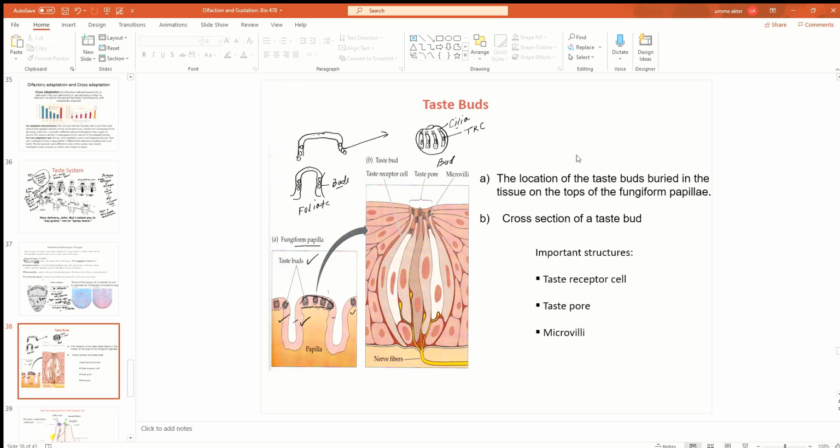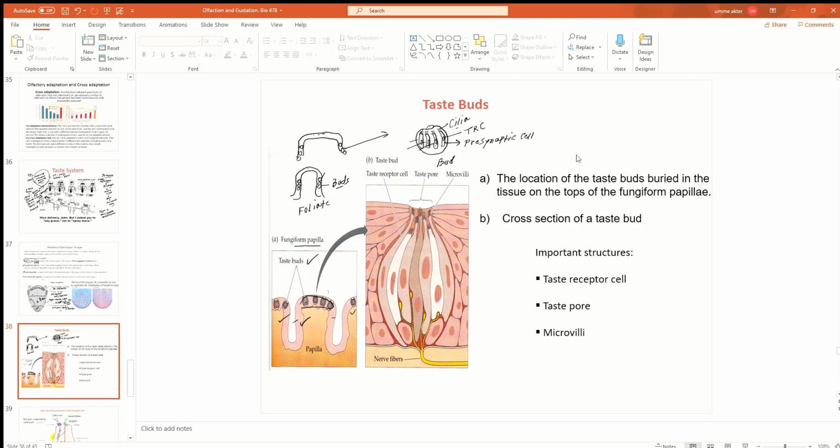Okay, so we have 3 taste receptor cells for 3 different tastes, and the last one here, this one is called the presynaptic cell.